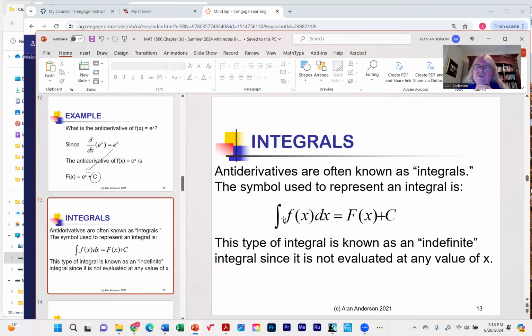Oh, here it is. We do introduce it here. So we're going to call these integrals. So the symbol is this. Now, this symbol is an interesting symbol. The point of this symbol, supposedly, is that if you remember from your travels, this is the summation operator.